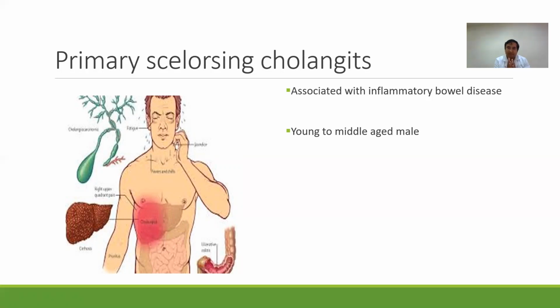So if a patient says, doctor, I have a history of bloody diarrhea, I pass blood in my stool, and if the same person has features of liver dysfunction like jaundice, then you have to always think of primary sclerosing cholangitis as one of the causes for that condition.